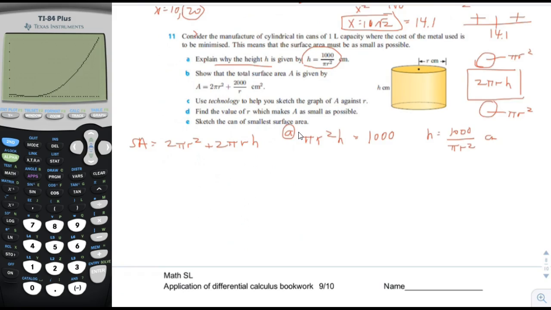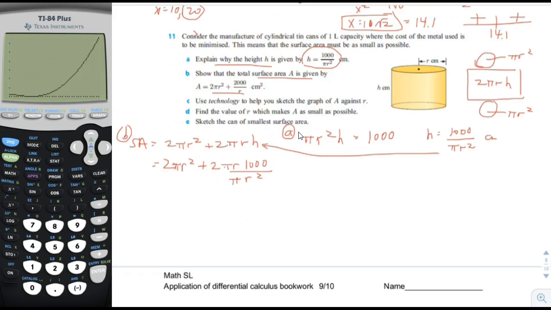Part B says, show the total surface area A is given by this, and so we're halfway there. Now we're going to take the h expression here and put it in for this h, and we're going to get 2 pi r squared plus 2 pi r times 1,000 divided by pi r squared.